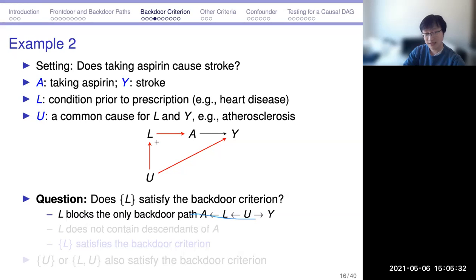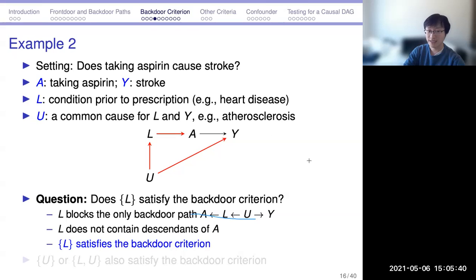The second part of the criterion: L must not contain descendants of A. It does not. So L satisfies the backdoor criterion. Now, you can also easily check that U, or L and U together, also satisfy the backdoor criterion.